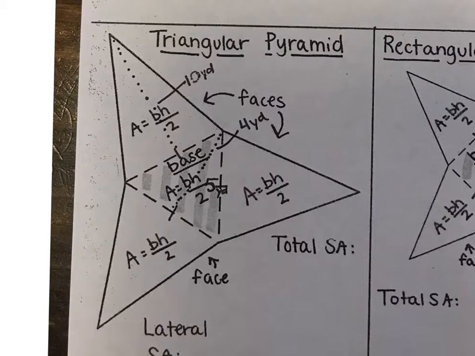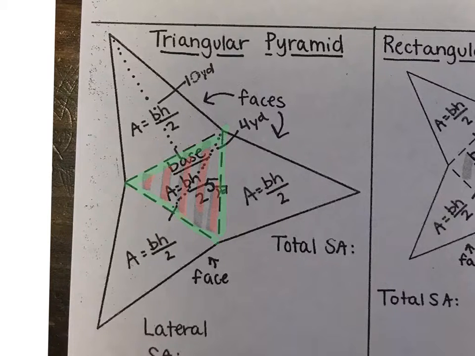Triangular pyramid. Now, here's where we have to start knowing our shapes. The base is the one that's shaded. They shaded the base already. It's this piece right here. The other three triangles are the same. We're going to find the area of one triangle and then multiply it by 3 to get our lateral surface area. We're saying those are all congruent.